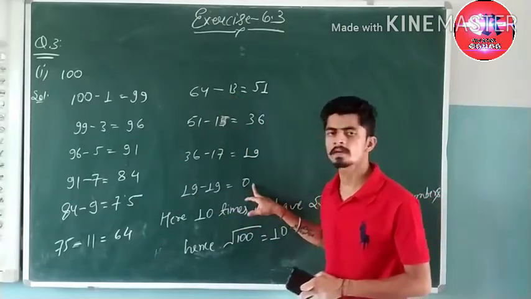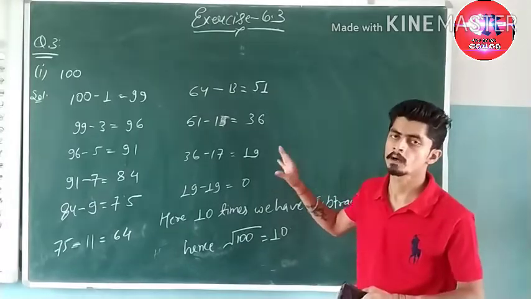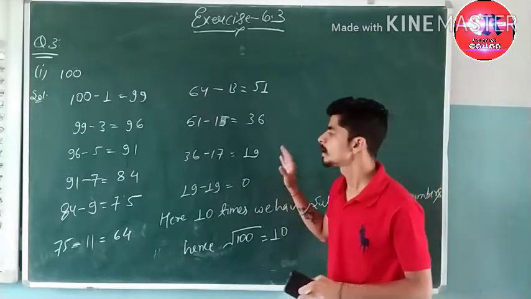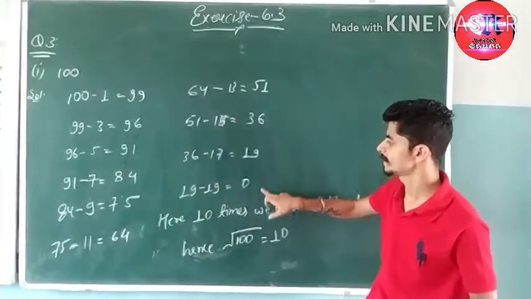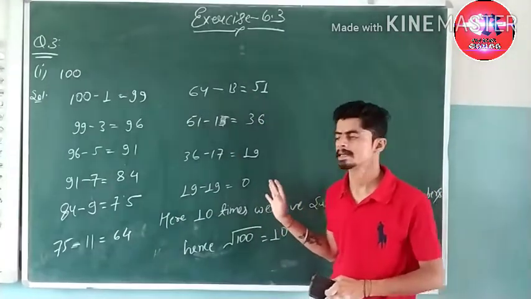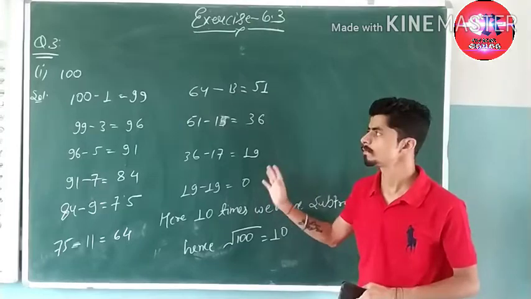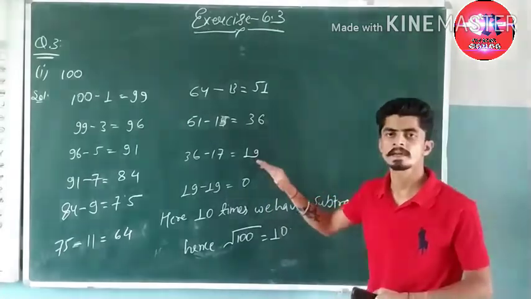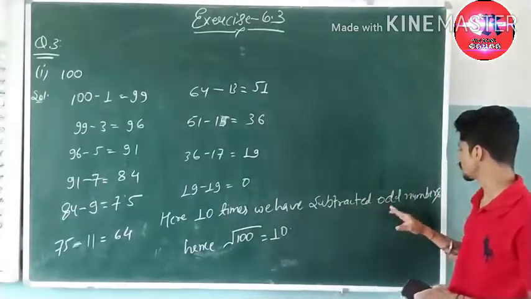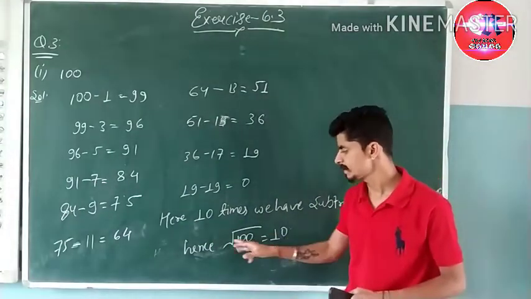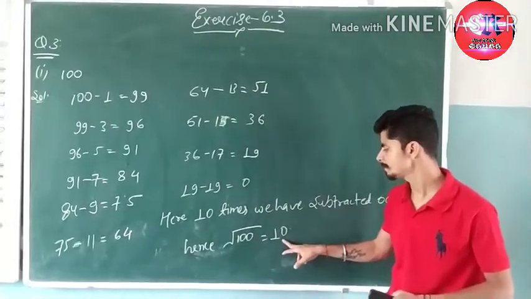When you get 0, you have to count how many times you have subtracted a number. So 1, 2, 3, 4, 5, 6, 7, 8, 9, 10. 10 times we subtracted odd numbers from the number we got after each subtraction. Here 10 times we have subtracted odd numbers, hence the square root of 100 will be 10.